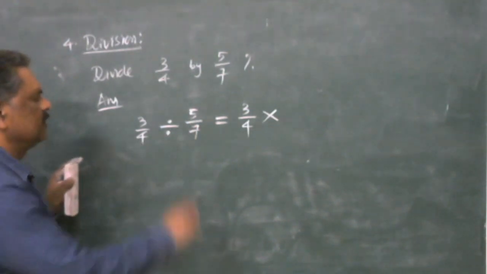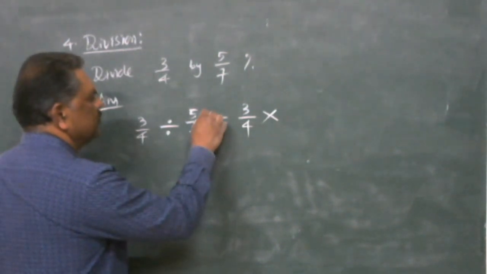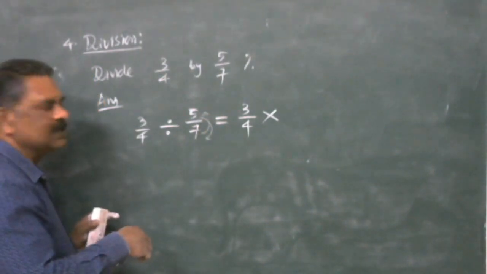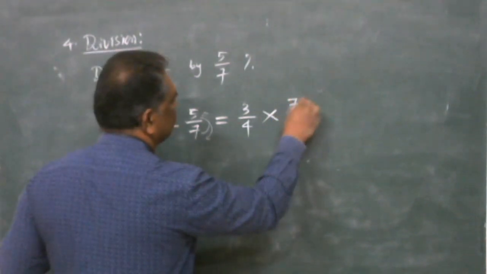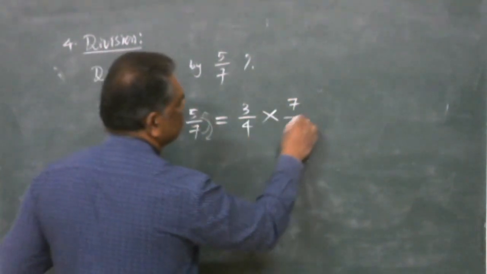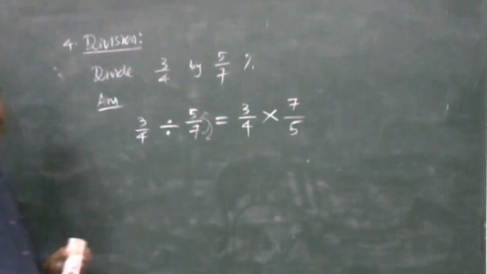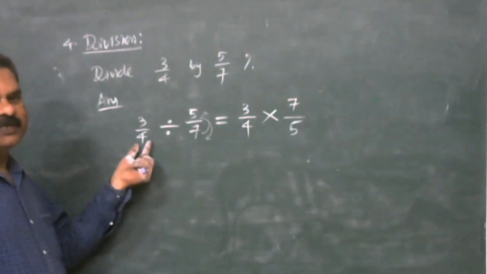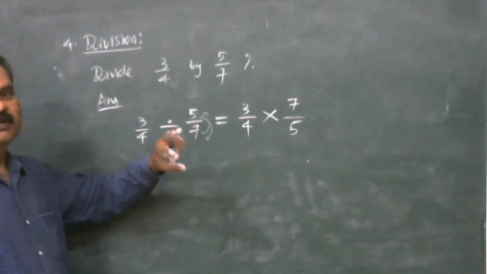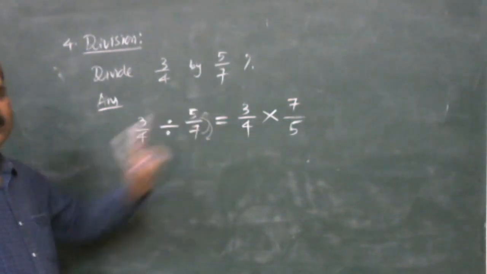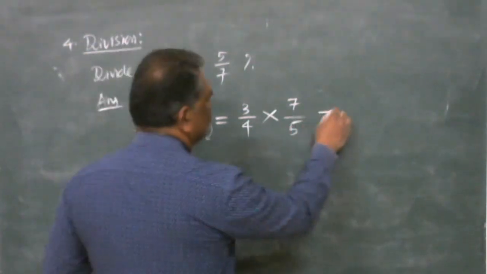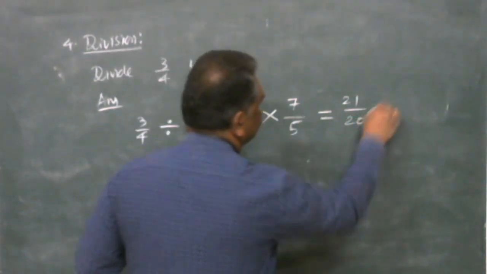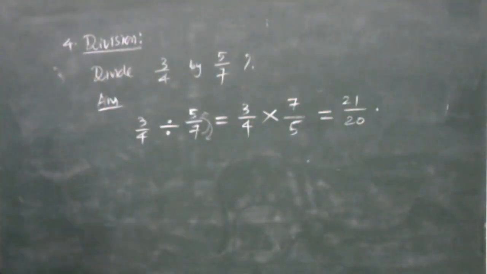Reciprocal means change the numerator into denominator, denominator into numerator. That's all. So the division rule: first fraction as it is you should write, and the second fraction you need to reverse it and multiply it. That is the rule. So 3 into 7, 3 7s are 21, 4 5s are 20. The answer is 21 by 20.